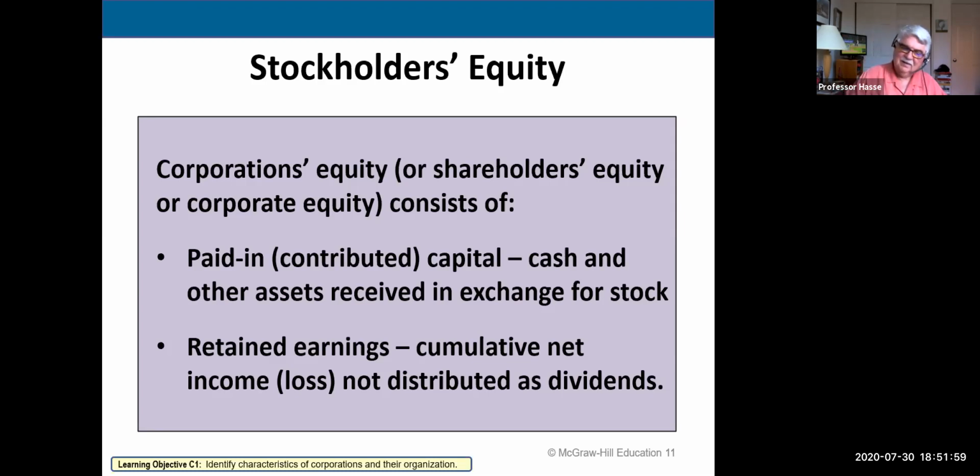Up to this point, when we were doing our problems in the accounting cycle, equity was in the form of capital. That was it, capital. Profits went in the capital, investments by the owners in the capital, withdrawals out of the business, capital. One account. But now in a corporation, there are 3 accounts.